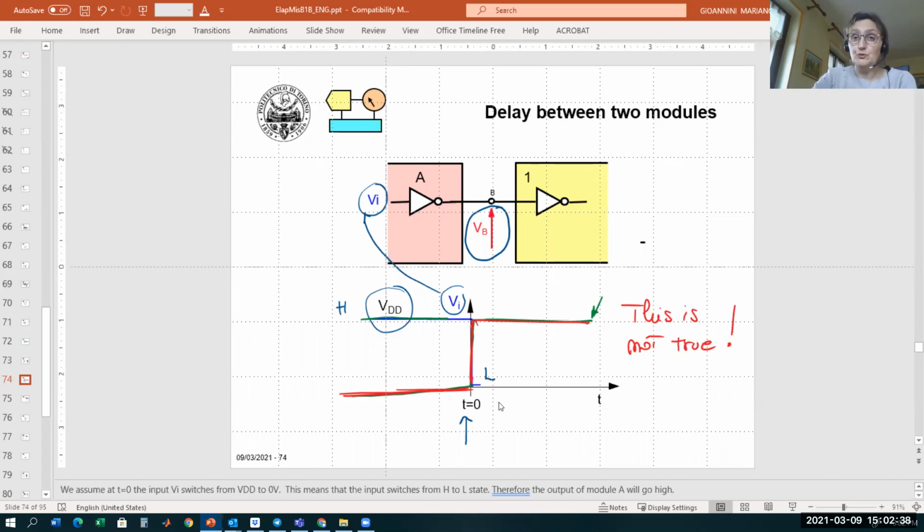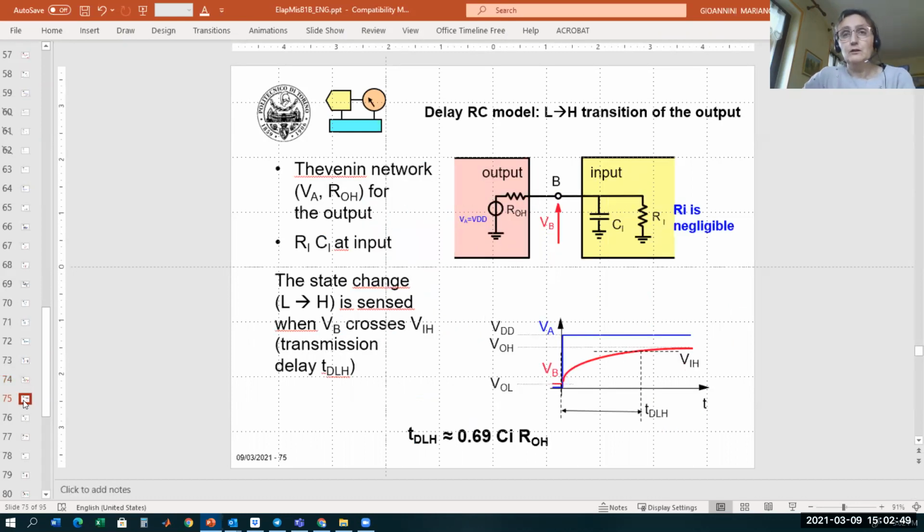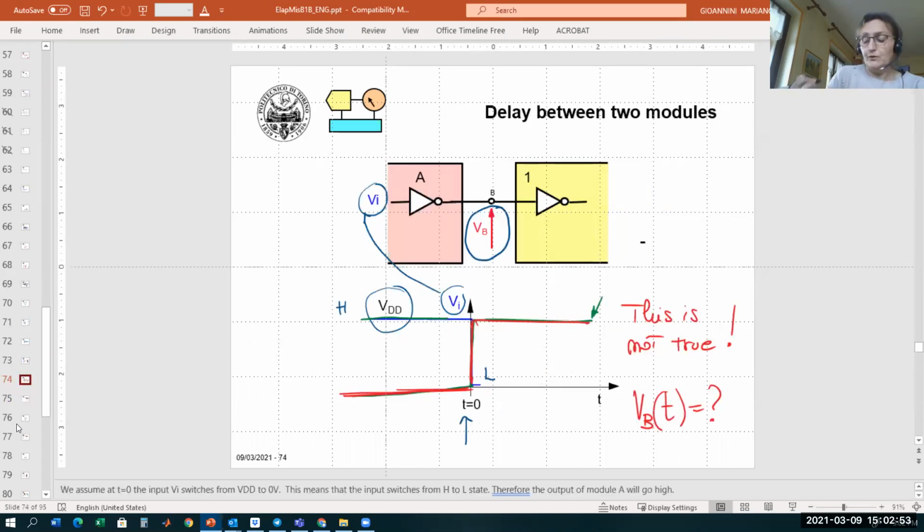And what we want to do now is calculate VB as a function of time. What can we do for doing that? Our purpose now is calculating this VB as a function of time. For doing that, we have to simplify the problem.